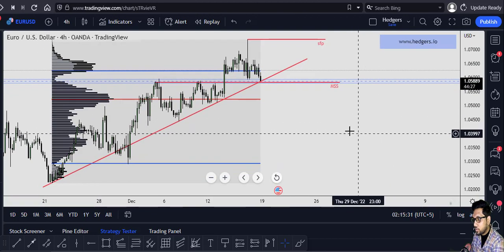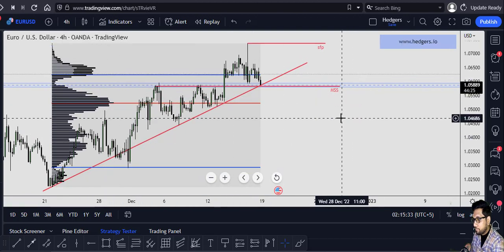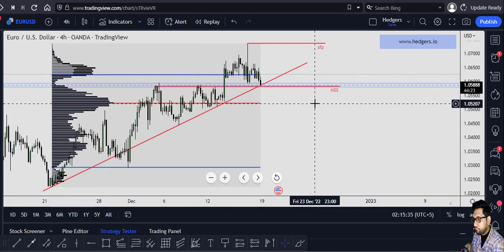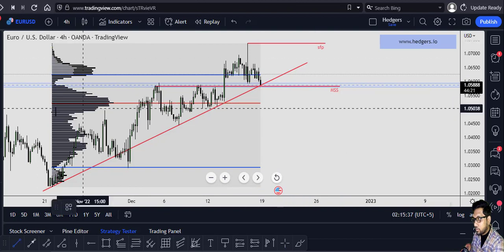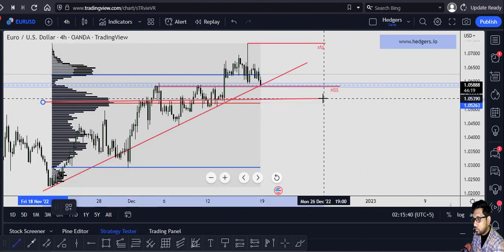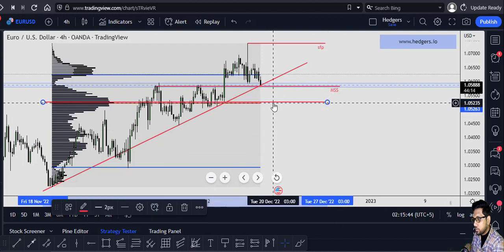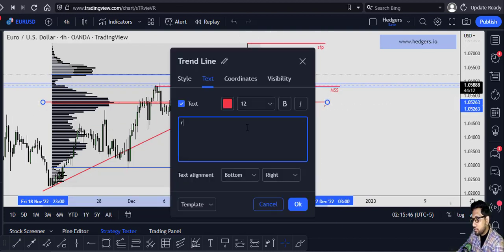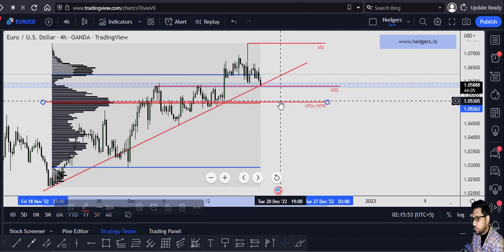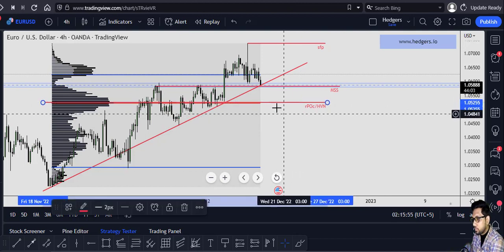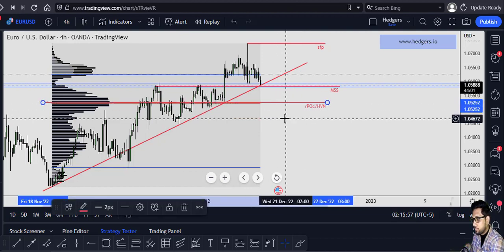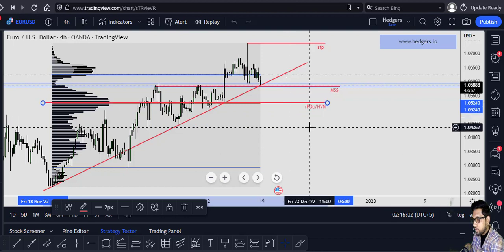Having an inefficiency here as well. Okay, let's do this. This is the high volume node for now, the POC and high volume node for Euro USD here.